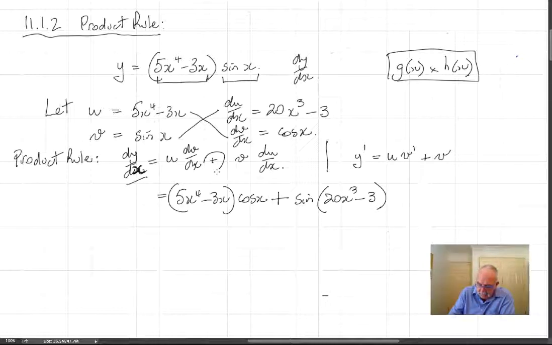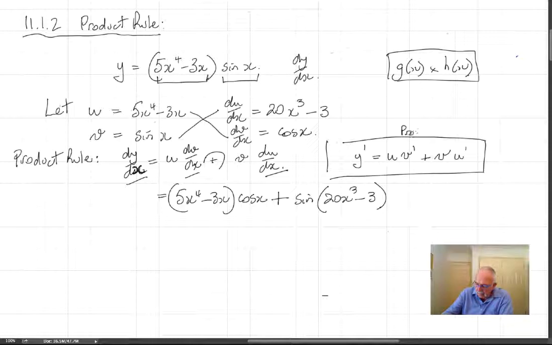Notice they're all dx's, and that's how I picked up my mistake there. So du dx would be u dash. Now that may, for some people, be a better way of remembering the product rule. It's always plus between the two. dy dx is equal to u dv dx plus v du dx.